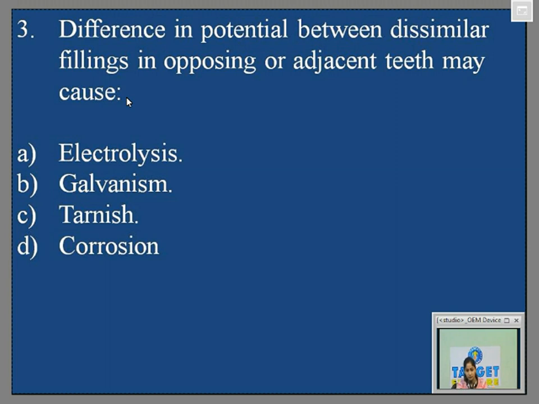Now, if the pain is in a recent restoration, that is a different question that is asked. If in a recently placed restoration a patient is experiencing pain, and they are not saying anything like sharp pain, or anything in relation to dissimilar fillings, that is a different question. In that case, it is hyperocclusion, and there is going to be sensitivity in the tooth.